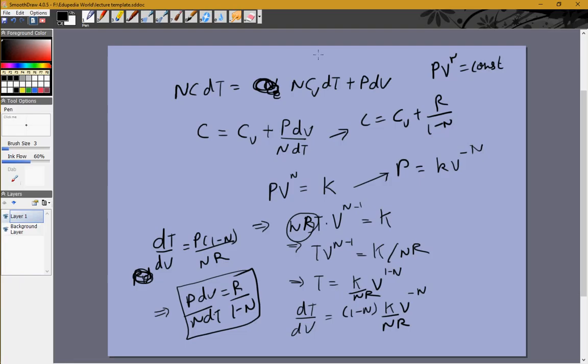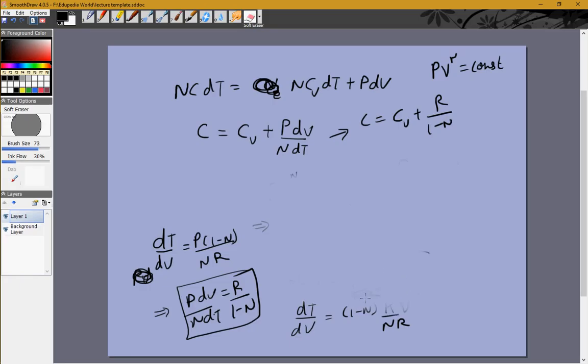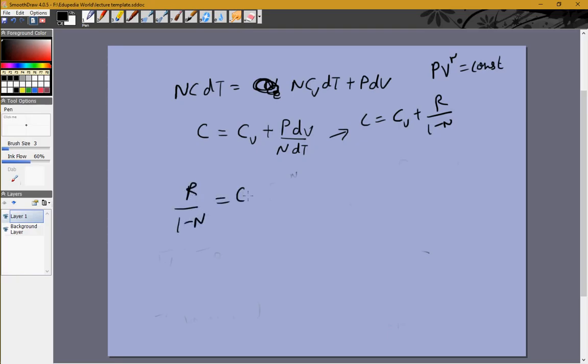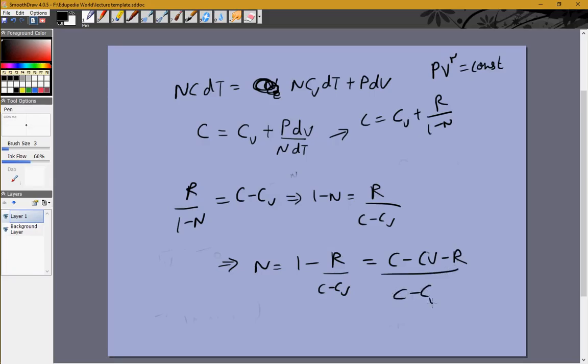And now it's easy enough. I'll just rub the rest of it and we can move from here. R by 1 minus n is equal to C minus Cv, which means 1 minus n is equal to R by C minus Cv, which means n is equal to 1 minus R by C minus Cv, or C minus Cv minus R by C minus Cv.